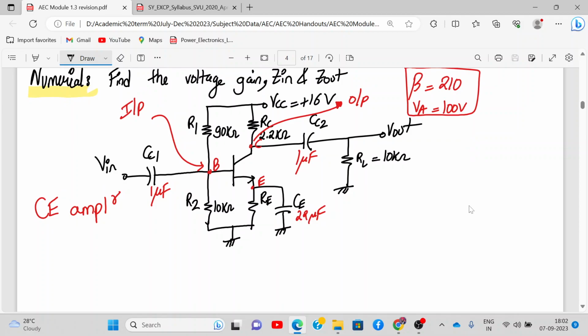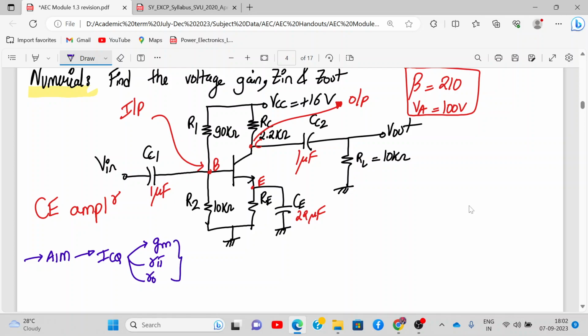So first of all, let me explain the strategy we are going to follow. Our aim is to first do the DC analysis and find ICQ for the transistor. Once you find the value of ICQ, calculate gm, calculate r pi and calculate ro.